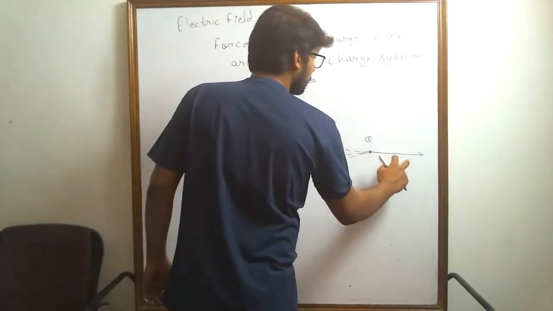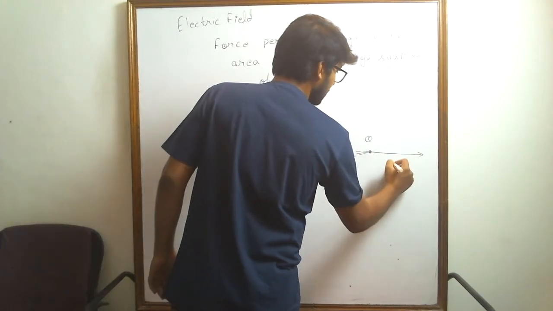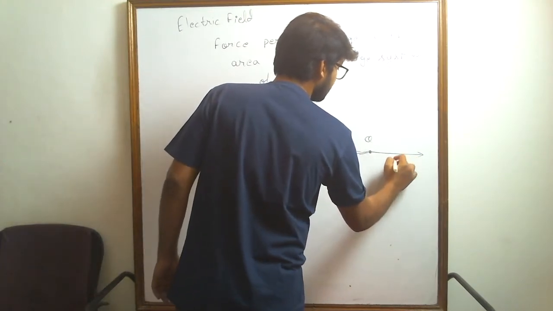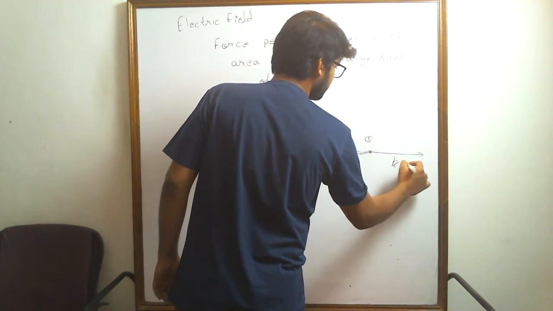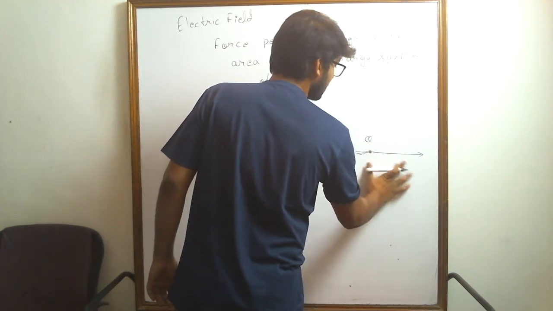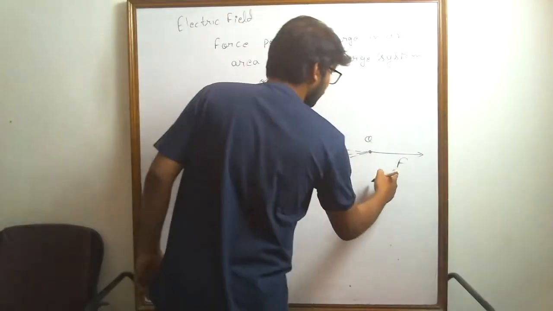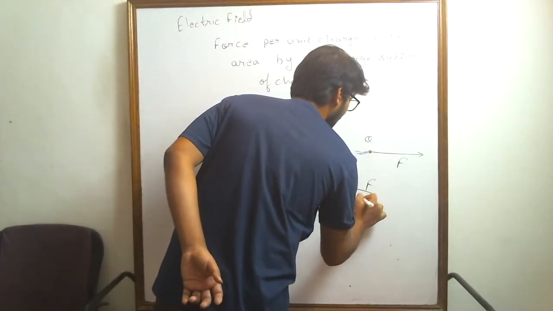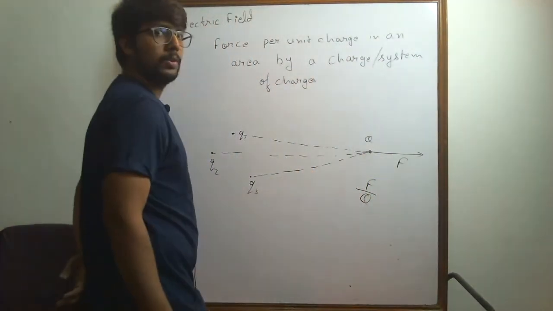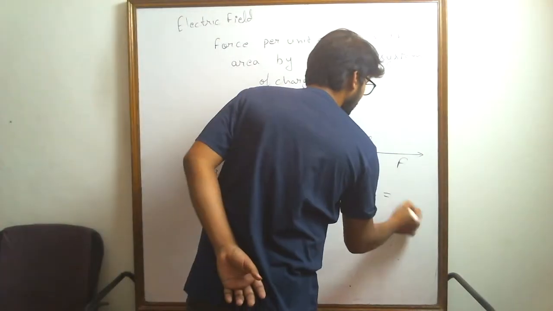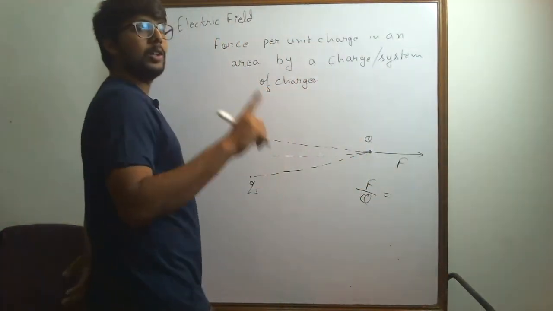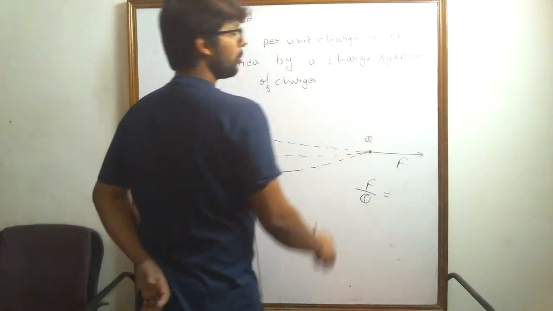Now what do I do after this? Whatever this comes in, suppose this is K, whatever this is, let's just call it force. This force divided by this charge will give me the force on a unit charge at this point, right?